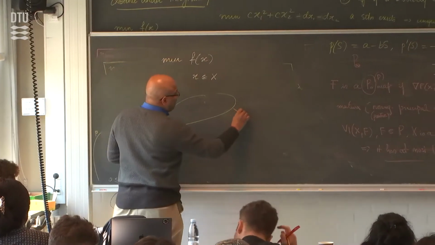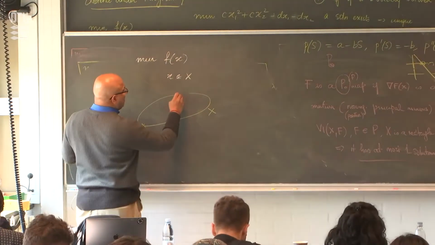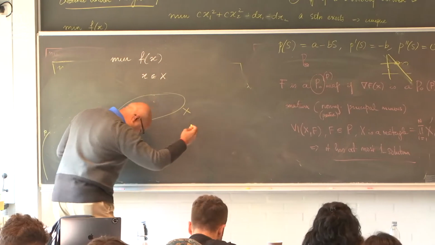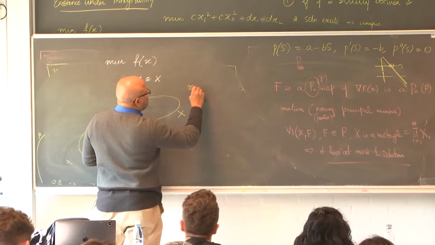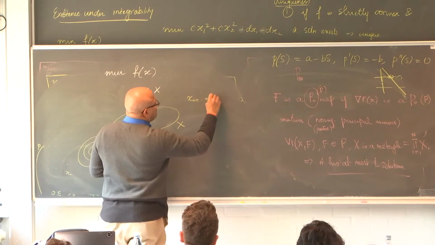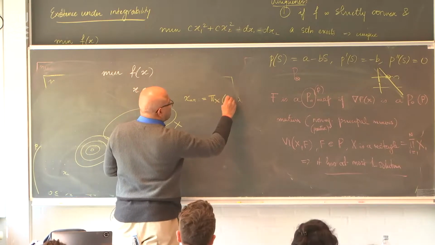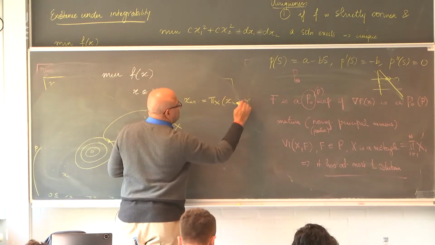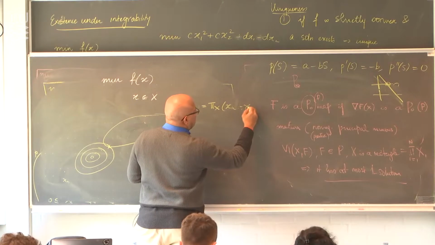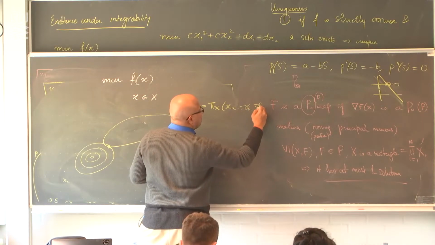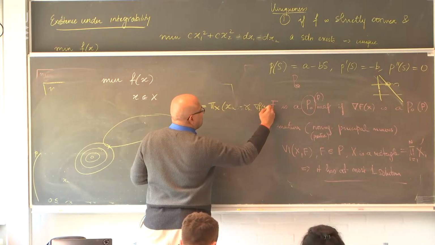Now when you start a projected gradient scheme, the scheme is based on the following. I'm going to explain every part of this. This is for optimization, and I'm going to tell you how it changes for VIs.